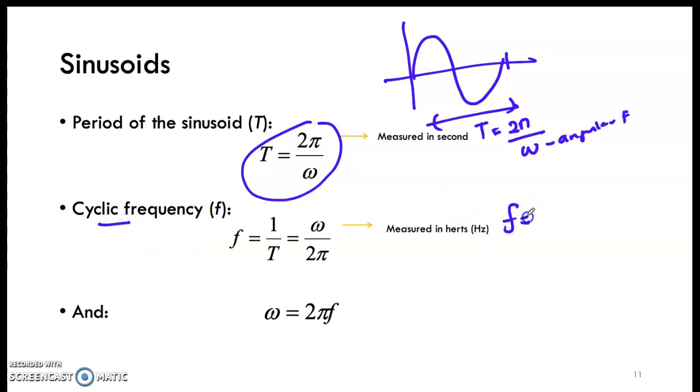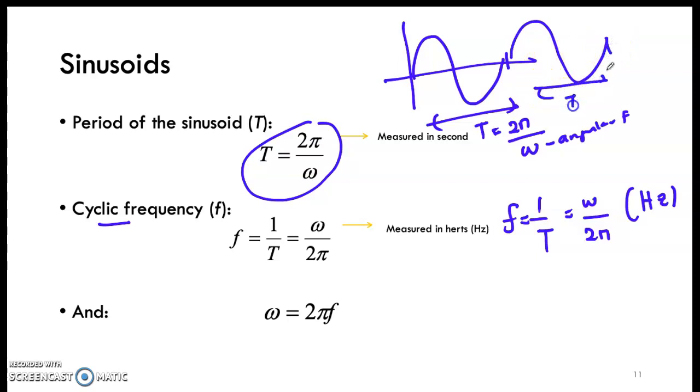The cyclic frequency is 1 over T, 1 over the period. So you can get omega over 2 pi. The frequency is measured in hertz. Here we have another cyclic frequency, one period again, and then it repeats by itself, another cyclic frequency, 1 over T.